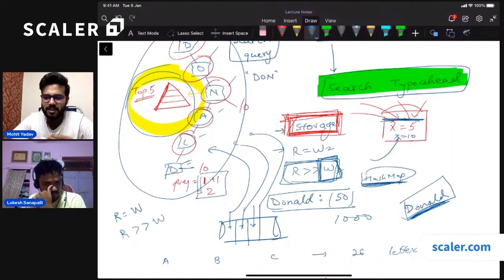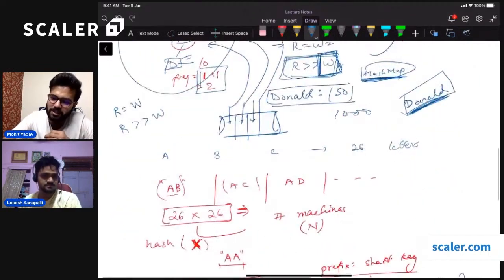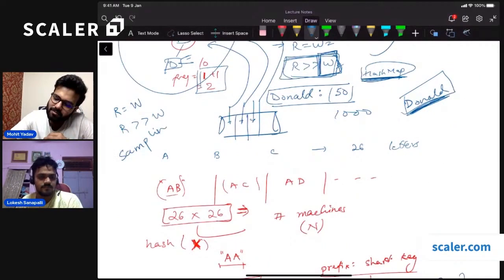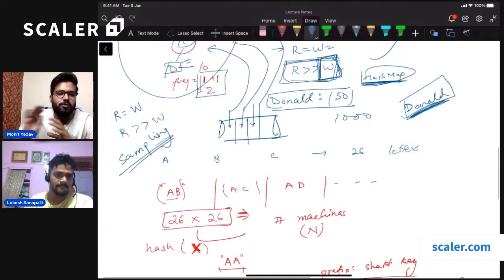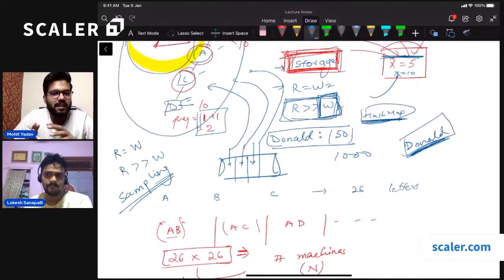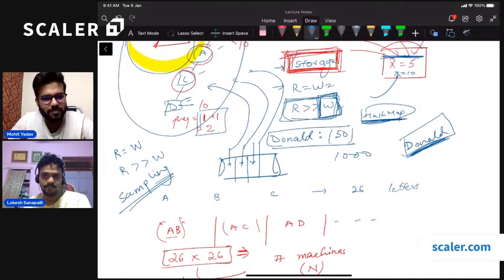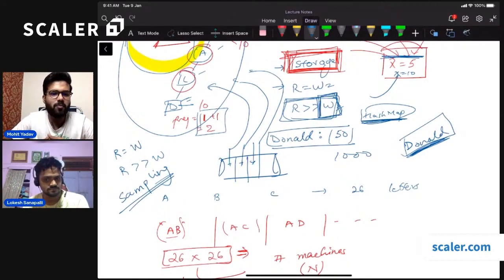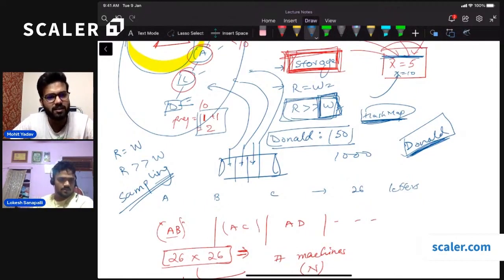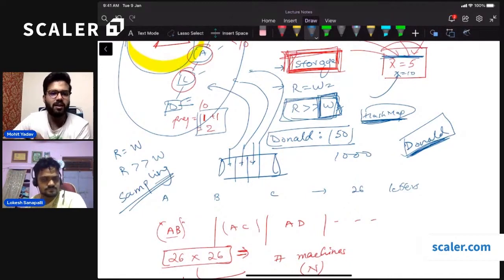But what you can typically do is use sampling. The idea of sampling is that if it is popular, don't use average or anything like that. Just use sampling. If it is popular, most of the chances are that if you skip 99 requests and choose the 100th request, it will be the request of the most popular one.